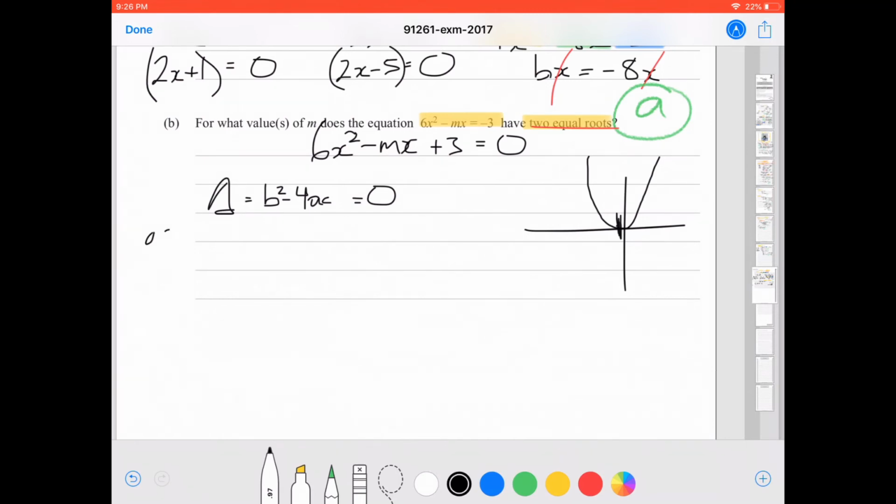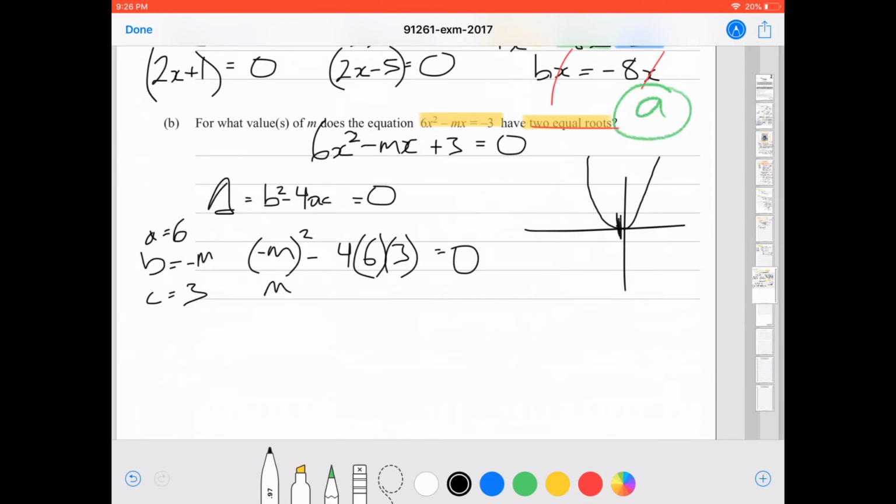So we can list our values for a, b, and c. A is 6, b is minus m, and c is 3. Okay, so we've got minus m, this is squared, minus 4 times 6 times 3 equals 0.